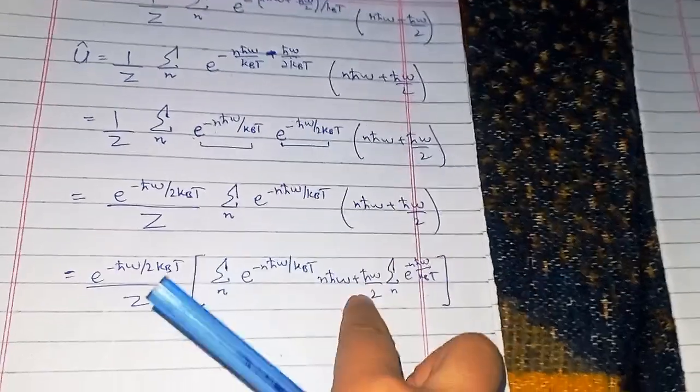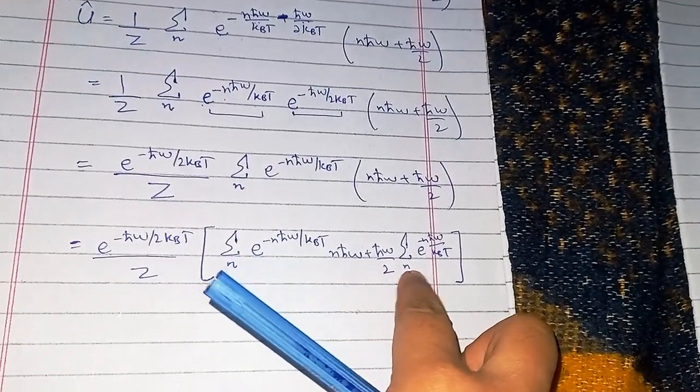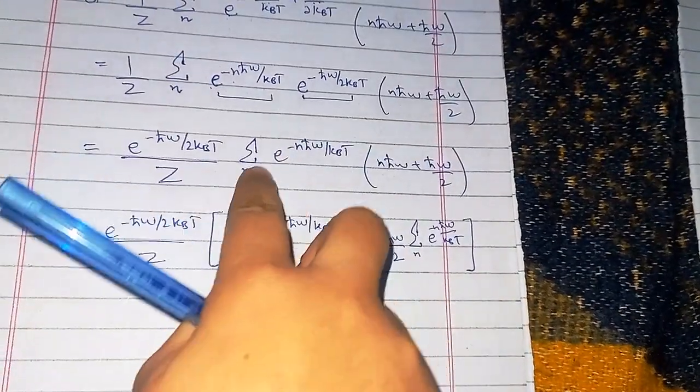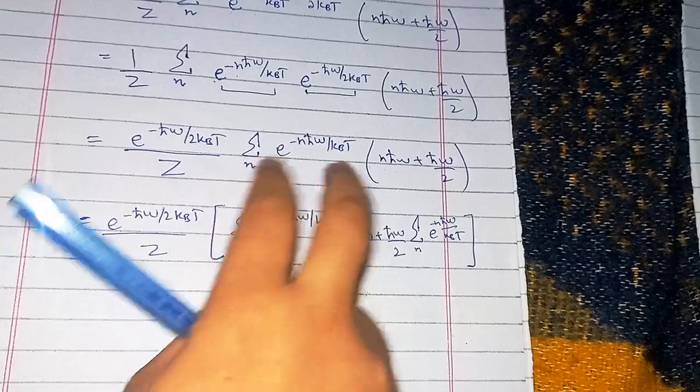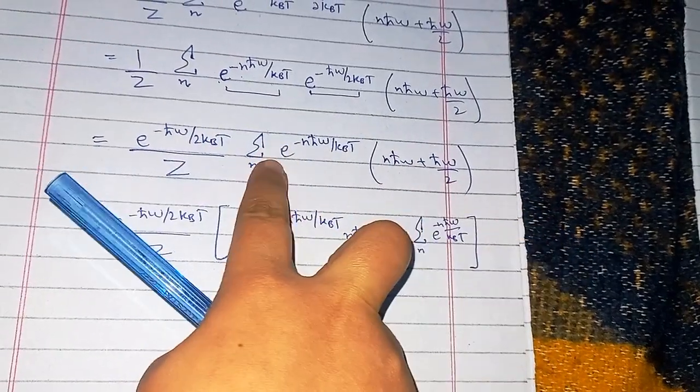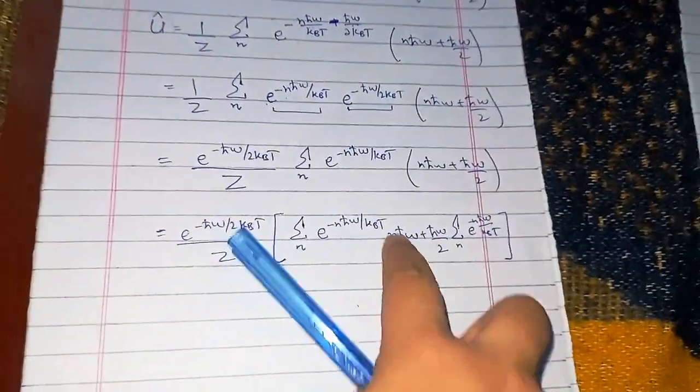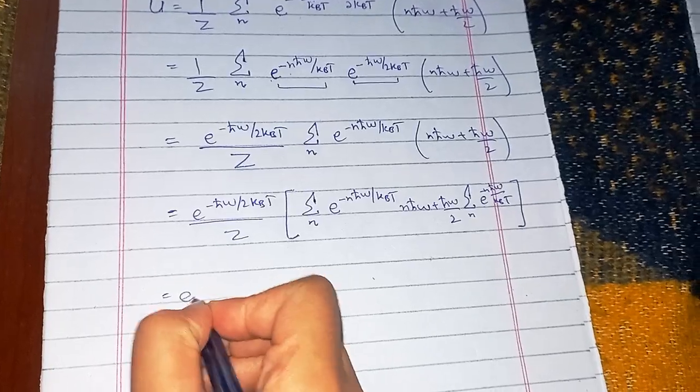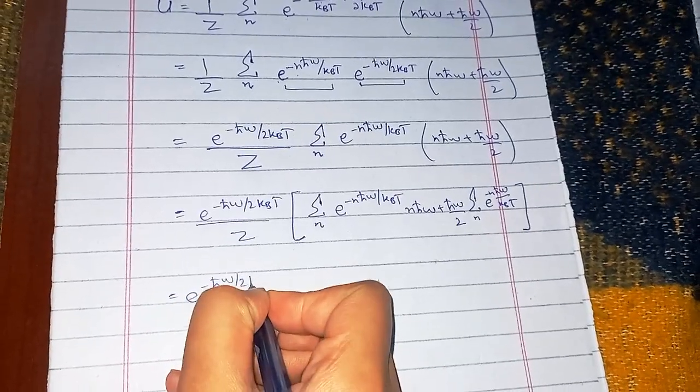I wrote it here outside of this summation because it doesn't contain n, and this summation was multiplied by both of these quantities. That is why it will appear with both of these quantities, and we can simplify it further.